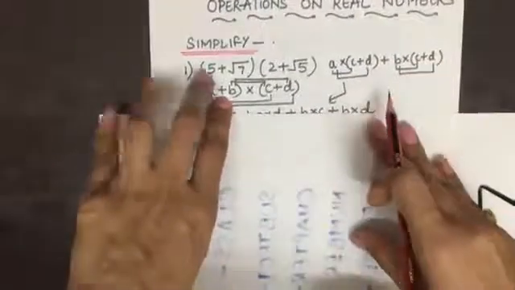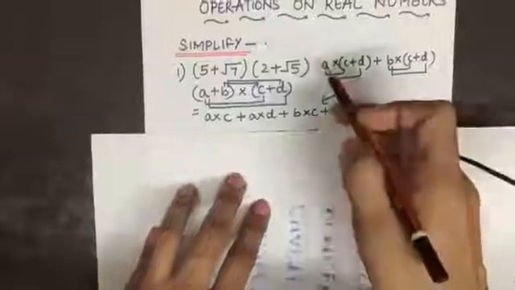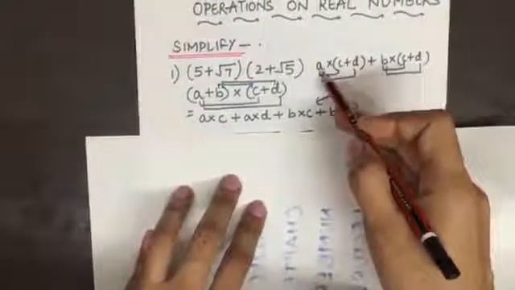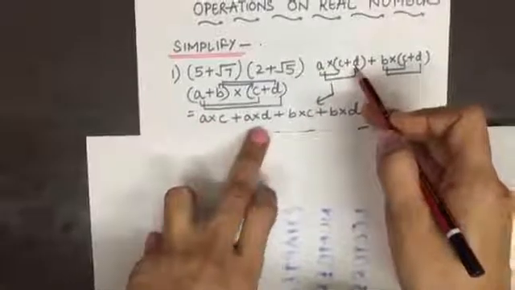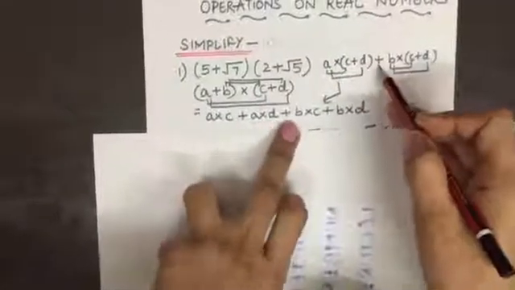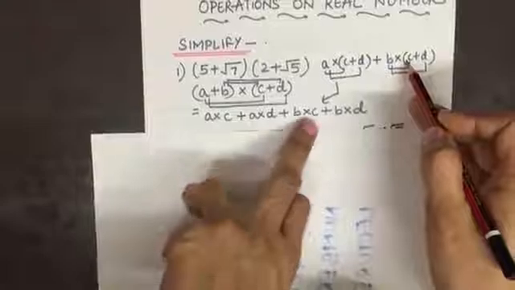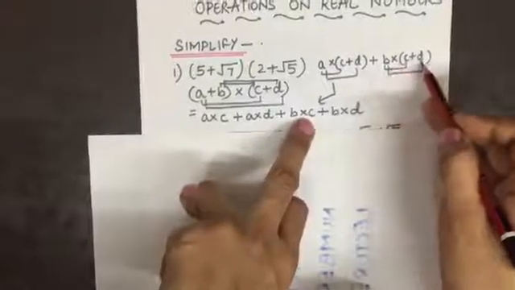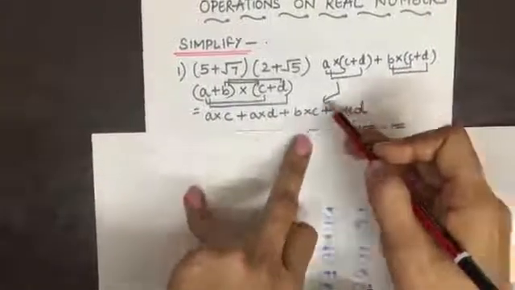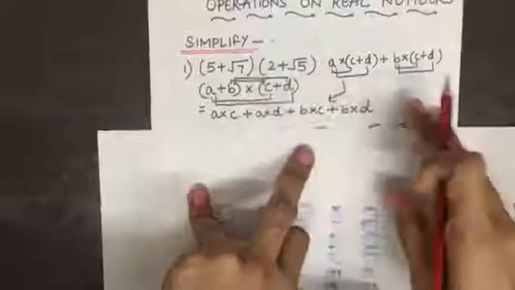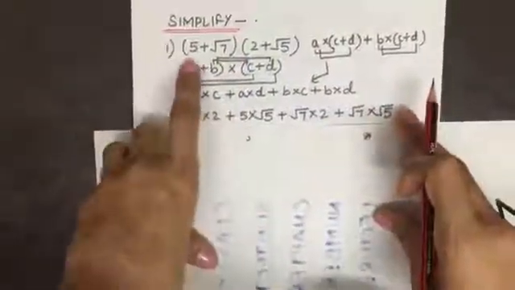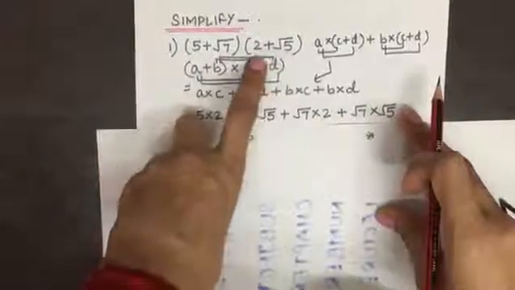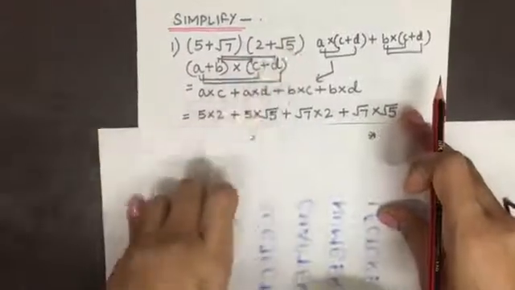Next, a into c is ac, a into d is ad, plus b into c is bc, plus b into d is bd. Likewise we'll perform the multiplication here. In this case our a is 5, b is root 7, c is 2 and d is root 5.